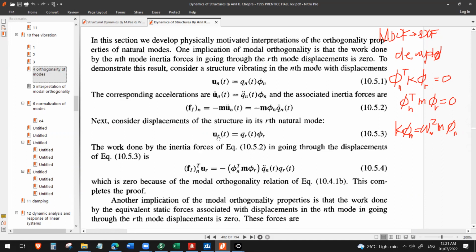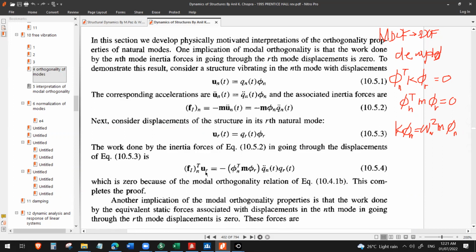So displacement at r, q sub r of t, phi sub r. Okay, consistent. Ito naman, displacement at nth mode. The work done by the inertia forces of equation 10.52 in going through the displacement of equation 10.53. So work, F times U. Kasi work, di ba?